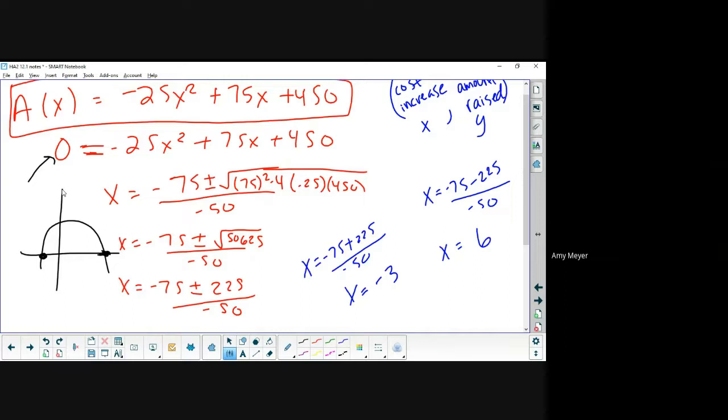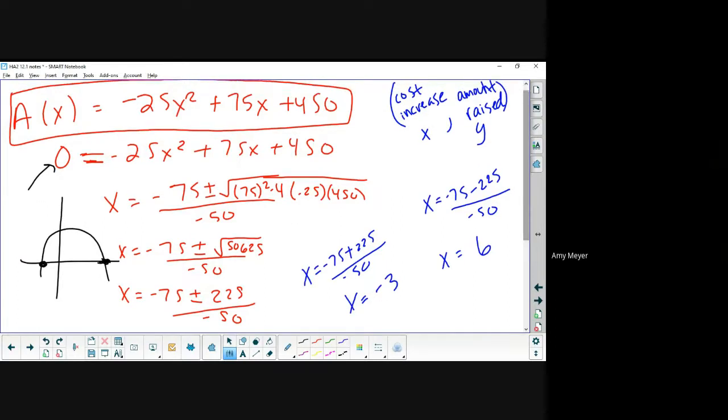What would this mean in terms of calendars or our word problem? Can somebody tell me that? Look at this. Negative 3 and 6 mean, or let's just go with 6. Yeah. Price of one calendar.